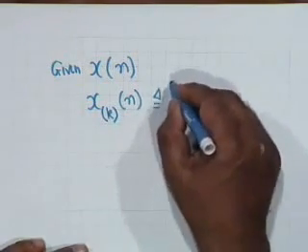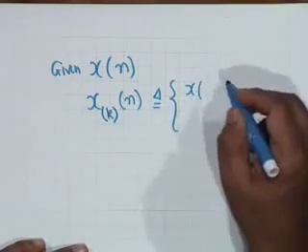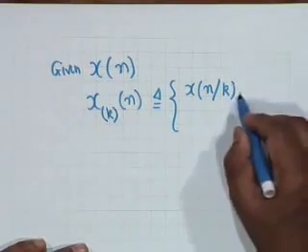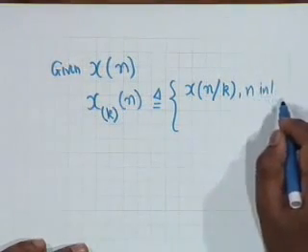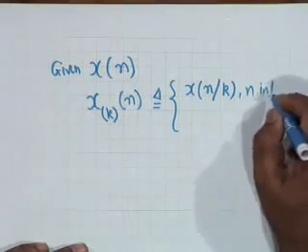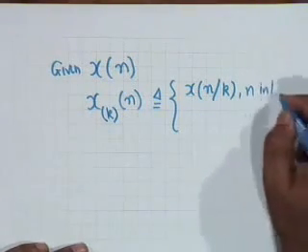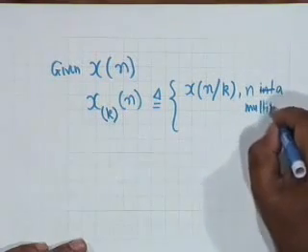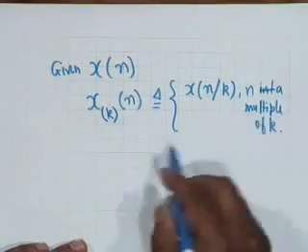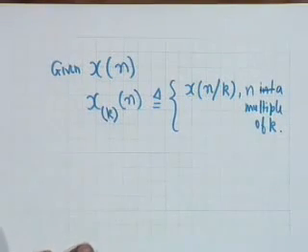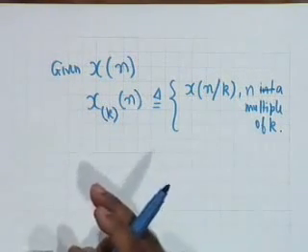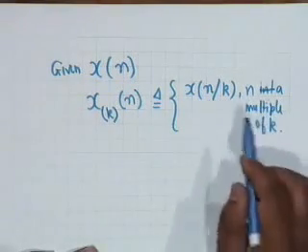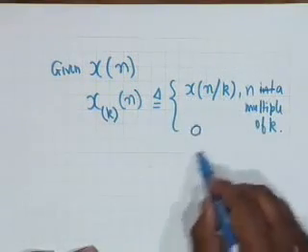We define this as x of n by k if n is a multiple of k, that is, n could be 0, n could be equal to k, n could be equal to twice k, n could be equal to thrice k, and so on and so forth. All right. If n is a multiple of k, then it is x of n by k. It is 0 otherwise.